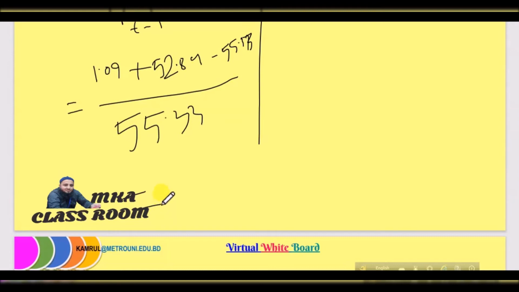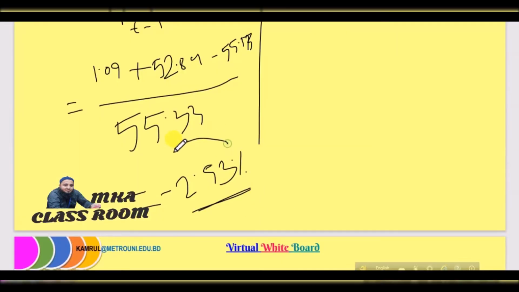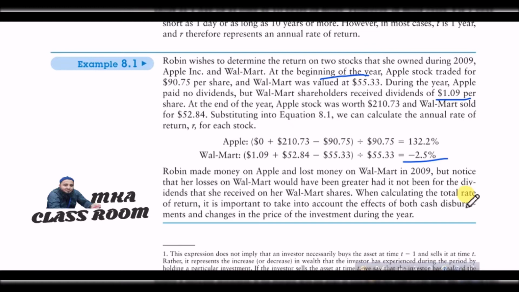So our result shows minus 2.53% at the end of the year. Walmart's stock return is negative, minus 2.5%. That is our calculated result.